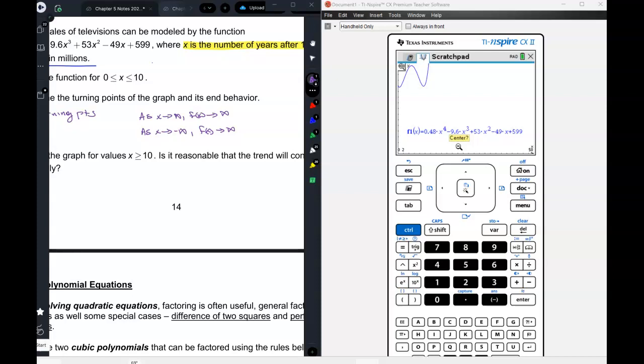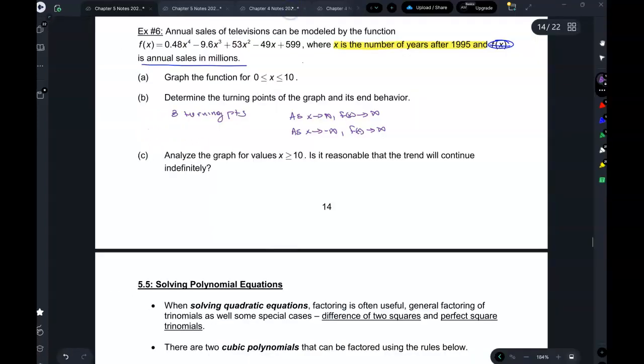No. So even though mathematically the graph says that, this model was based on statistics over the last couple of years, before 1995. So this model is only good for about 10 years. After that, so many things change. The economy will change. There will be new technology.